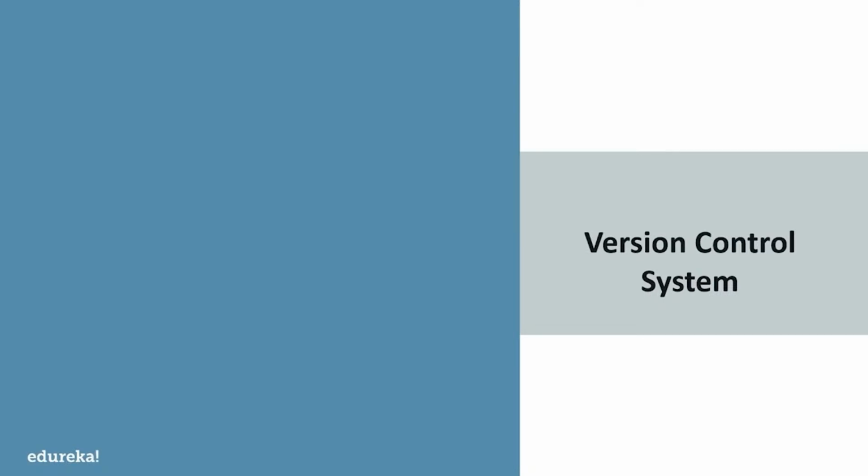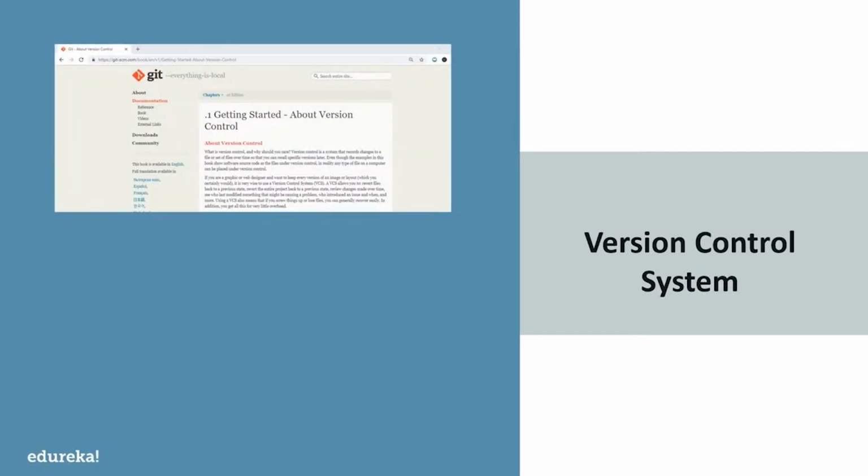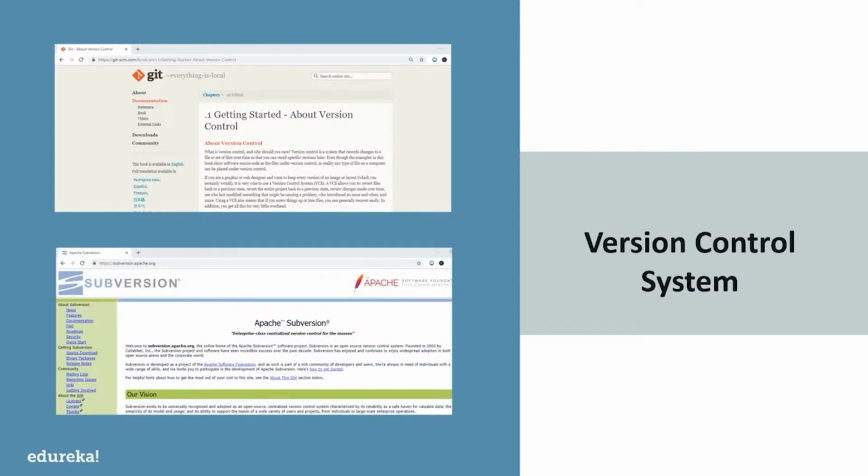But for some reason, this feature slowed down your website and you want to go back to the old version of your website. Usually it is very hard to revert back to an older version, but a version control system takes care of this because it has a track of all the code changes that you've made and it can easily revert back to any code change. Some of the popular version control systems include Git and Subversion.